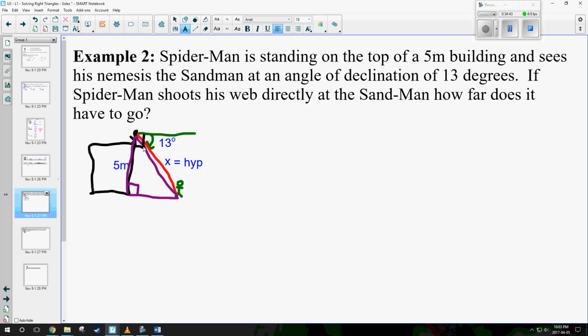Because this makes a 90-degree angle, we know that if the full thing has to be 90 degrees, to get what's left over in this angle here, knowing that this part here is 13, we do 90 degrees subtract out this little 13 degrees, and we'll get what's left over in this big angle here, which is 77 degrees.